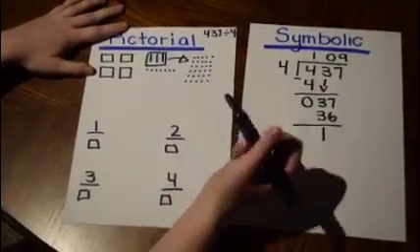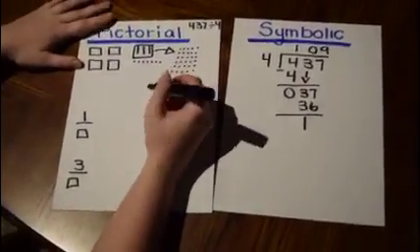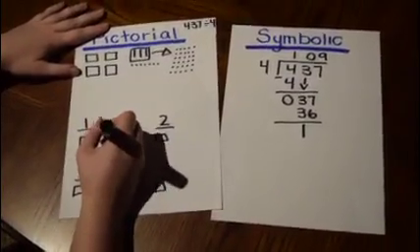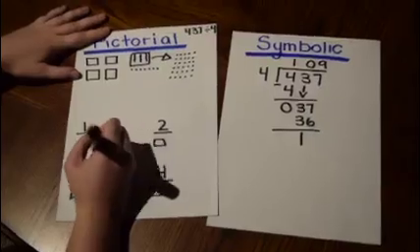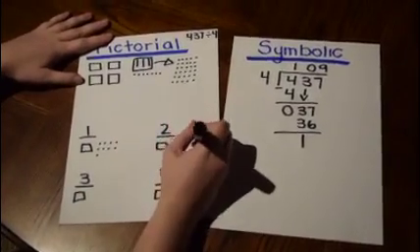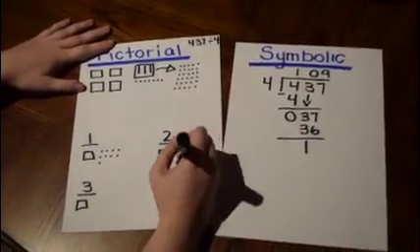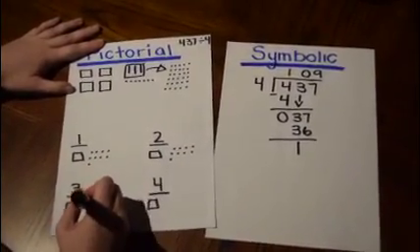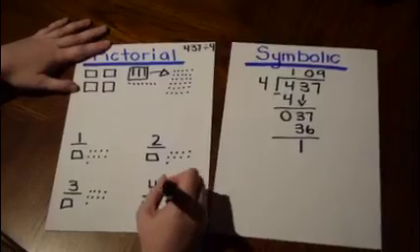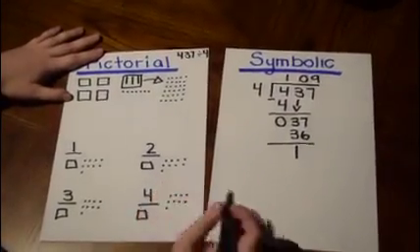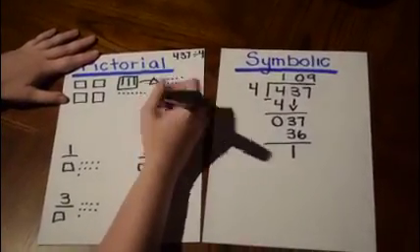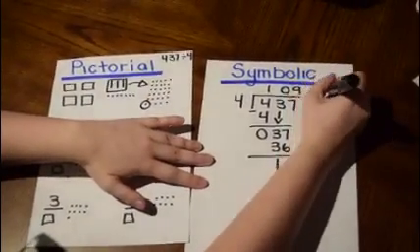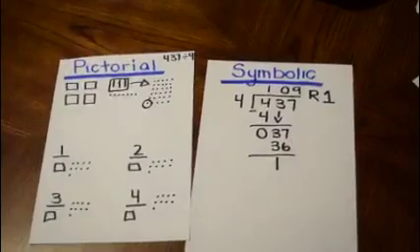I will be able to split those into my 4 groups 9 times. I will have 1 left over, and that will be my remainder of 1.